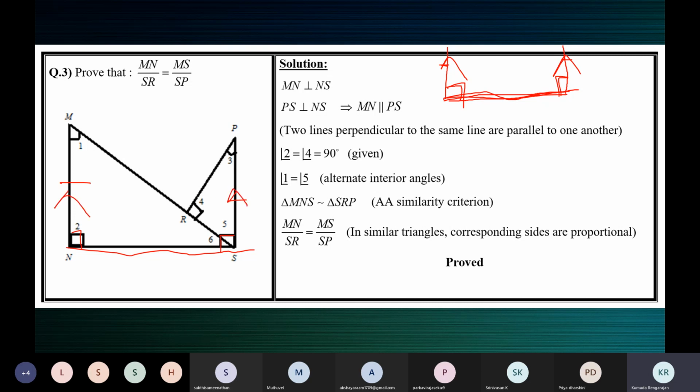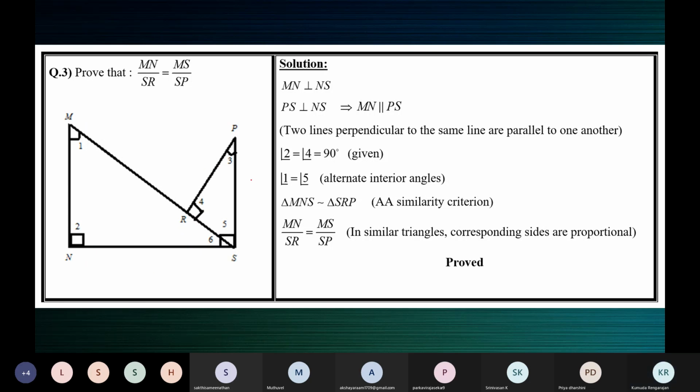You can also say it this way. You can either say co-interior angles are supplementary and hence the lines are parallel, or you can also say two lines perpendicular to the same line are parallel to each other. See, these are the two lines, MN and PS.